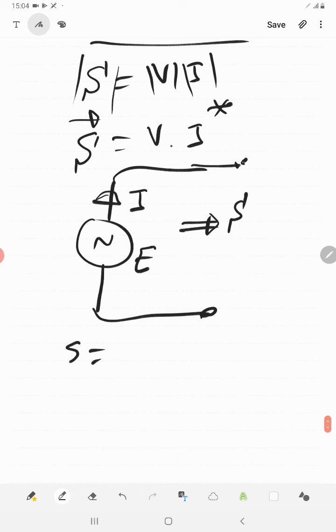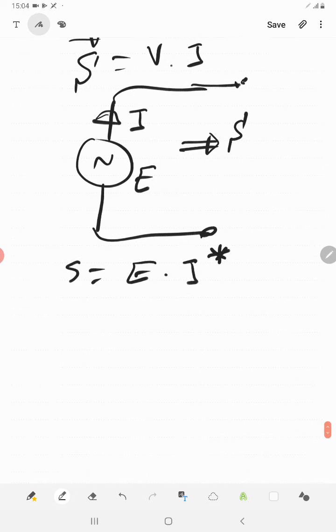S is equal to E times I conjugate, and it will be P plus jQ, okay?